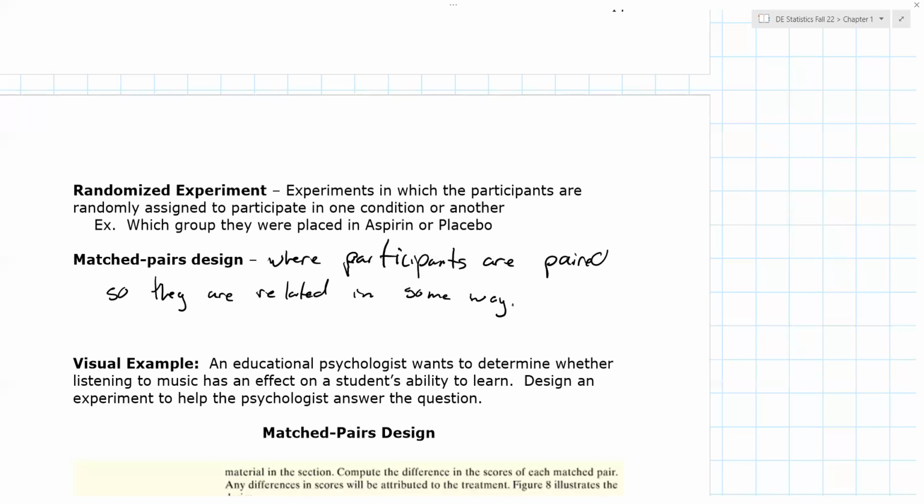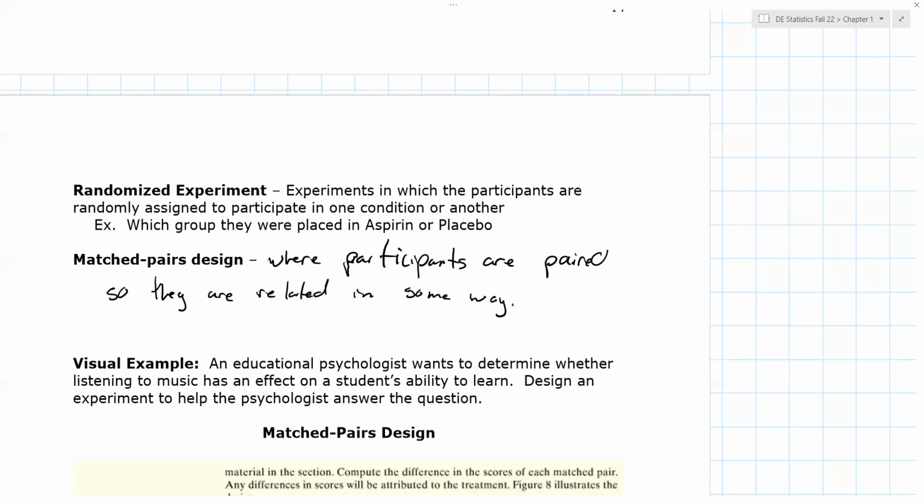So what you're matching people on matters based on what you are testing. It could be IQ, it could be height, it could be weight, it could be left-handed, right-handed, whatever you're trying to test, that's what you determine how you're going to match people up with.